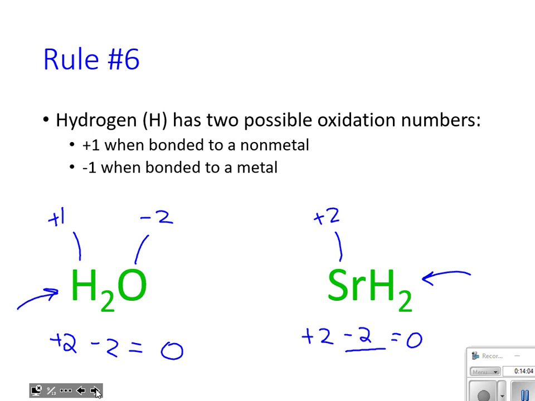So +2 minus 2 equals 0. I have 2 hydrogens, so each hydrogen will take the oxidation state of a -1. That's exactly what that rule states right there. So we can just believe the rule and say, okay, if hydrogen's bonded with a metal, it's going to be -1. If hydrogen's bonded with a nonmetal, it's going to be +1.